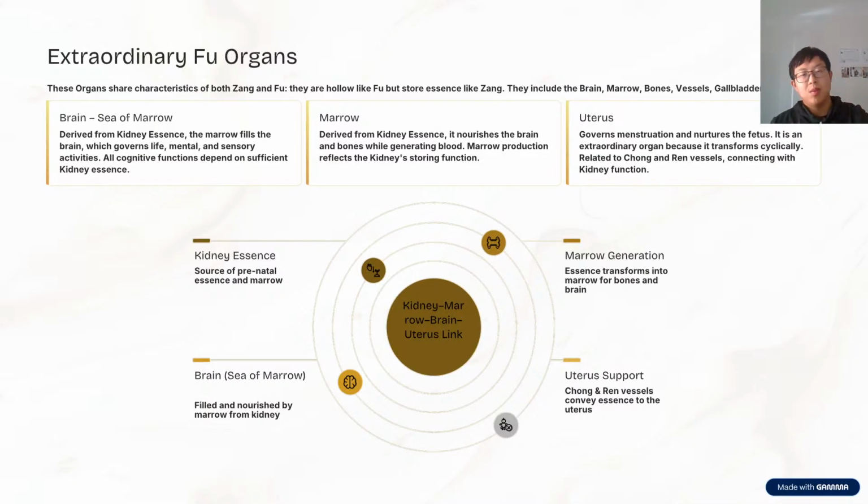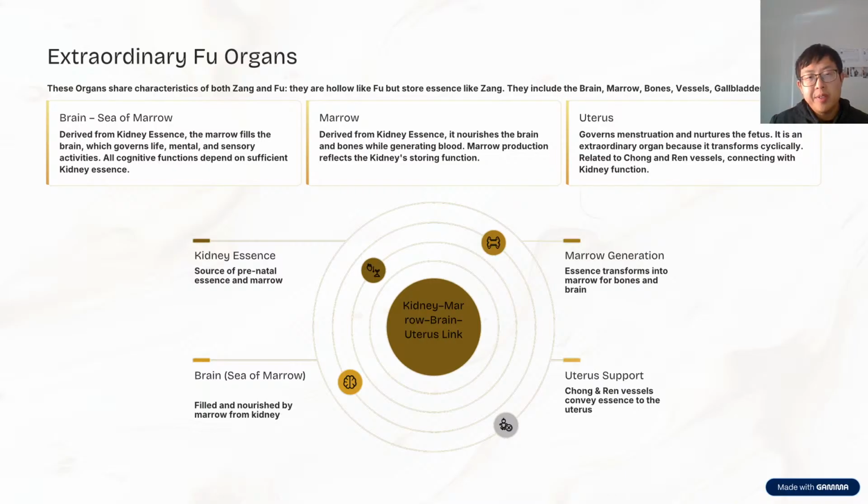So that's all about the six fu organs. They must rely on the five zang organs to do things. If the five zang organs are weak, the six fu organs cannot work very well.